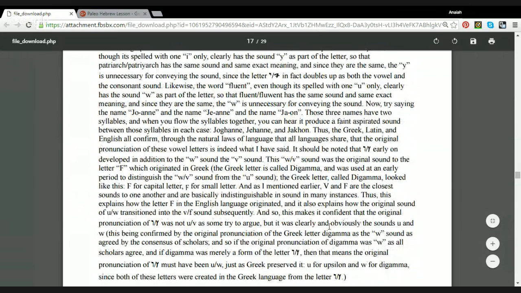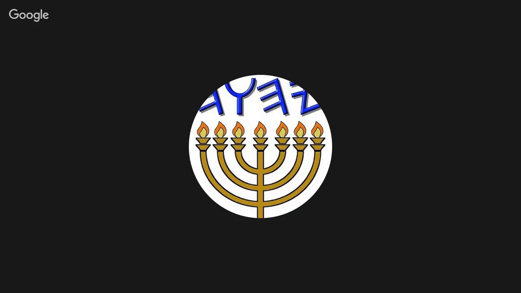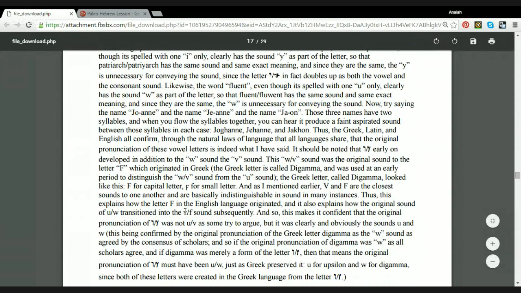As I mentioned earlier, V and F are the closest sounds to one another, and they're basically indistinguishable. So I say it makes sense how the English letter F originated, and how UW changed to VF. U was originally not UV, as some try to argue.